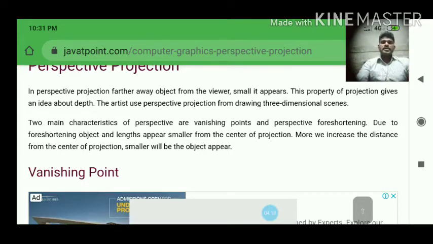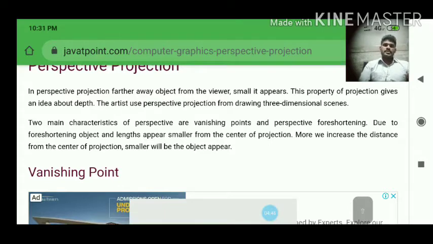Two main characteristics of perspective are vanishing points and perspective foreshortening. Due to foreshortening, object lengths appear smaller farther from the center of projection. The more we increase the distance from the center of projection, the smaller the object appears. Look here.